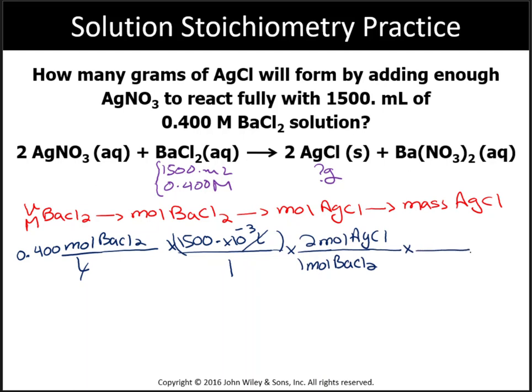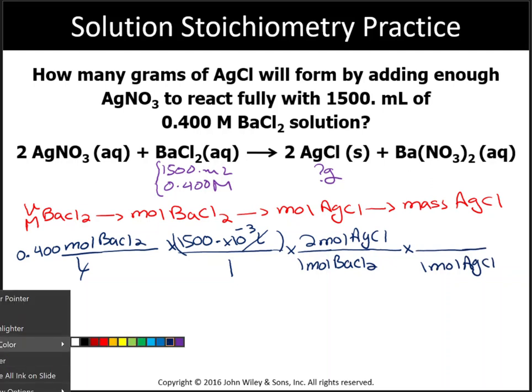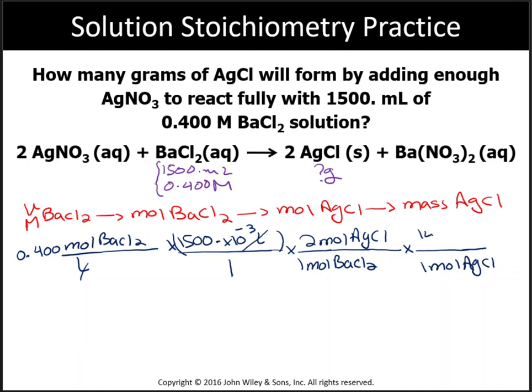Now to find the mass of silver chloride, we have to use the molar mass of silver chloride. So each mole of silver chloride is 143.32 grams of silver chloride. So moles of barium chloride cancel out, moles of silver chloride cancel out, and you end up with only mass of silver chloride.